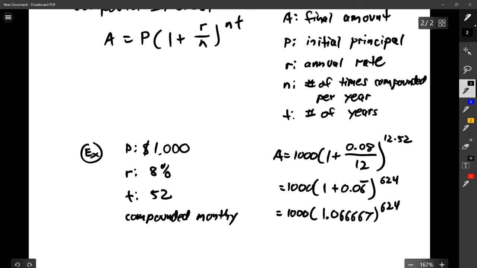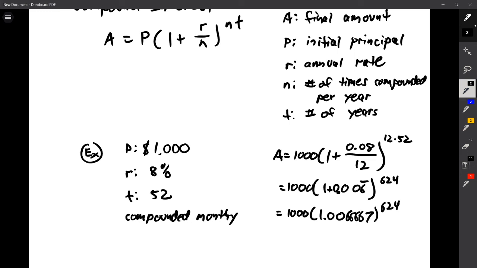I'm going to erase that, and it should be 1 plus 0.006. That's going to change what's in here to be 1.0066667. I needed one more 0 in there.